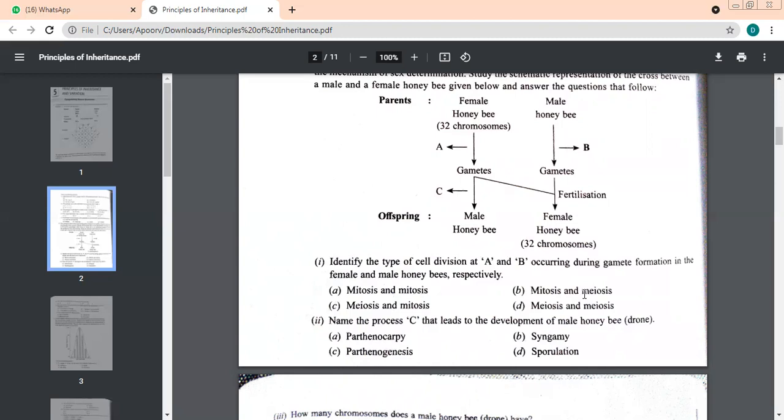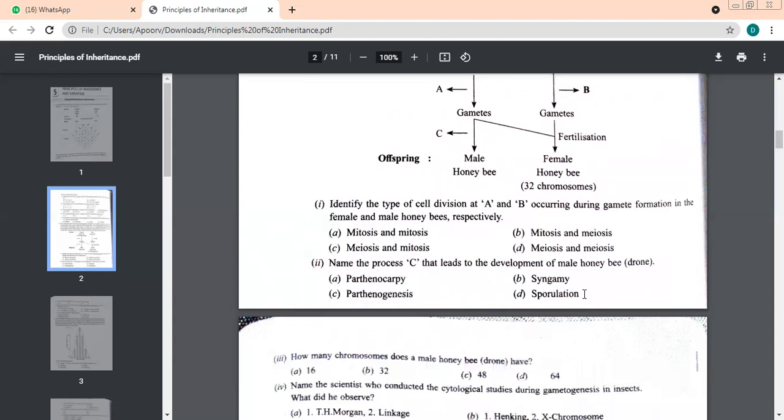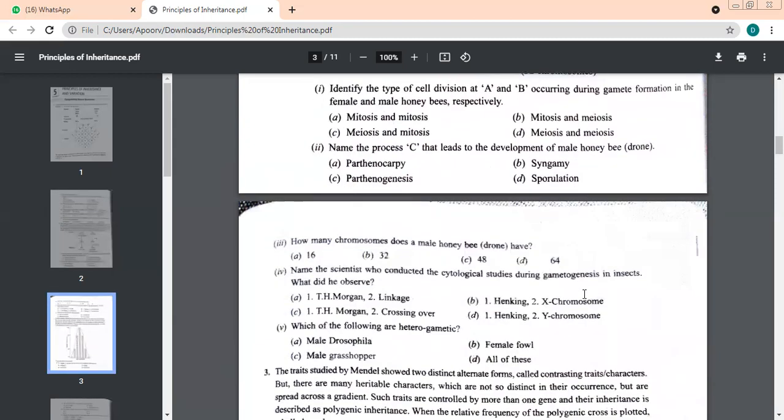Ma'am, done. Okay, we'll just scroll down a little so that Sony is also able to see. And then these three concepts. If you want me to show back the figure, I'll do it.